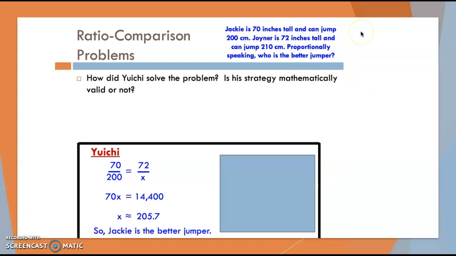Jackie is 70 inches tall and can jump 200 centimeters. Joyner is 72 inches tall and can jump 210 centimeters. Proportionately speaking, who is the better jumper? Okay.